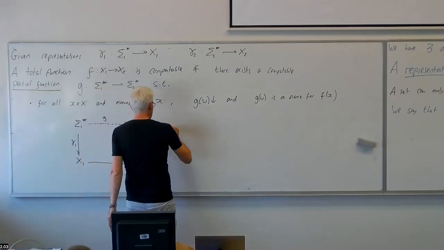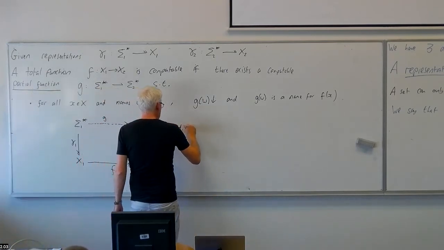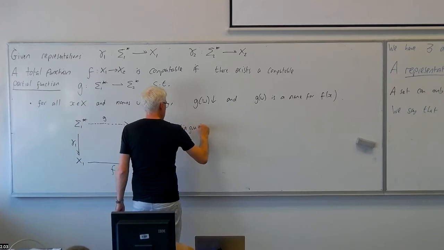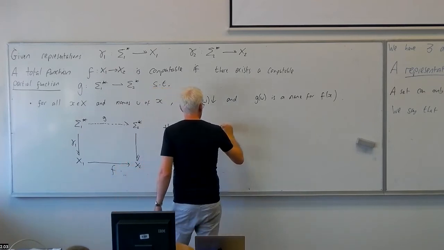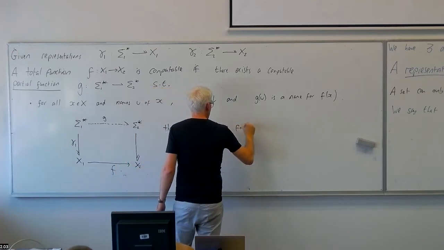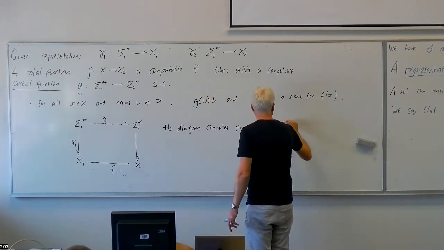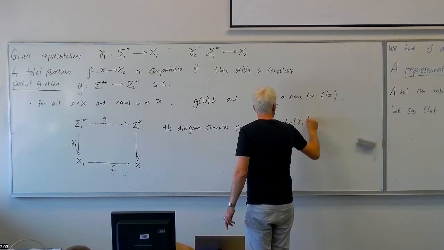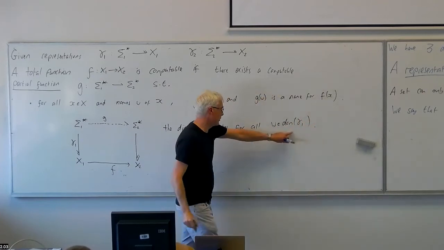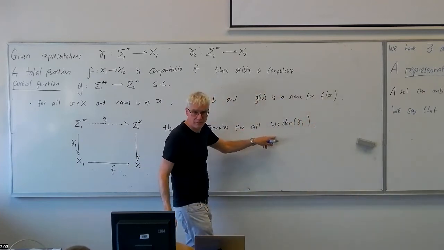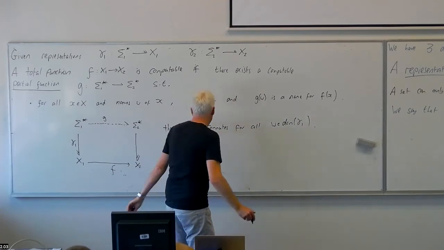So the diagram commutes for all input words w belonging to the domain of gamma 1. So all those input words w that represent elements of the set X1.